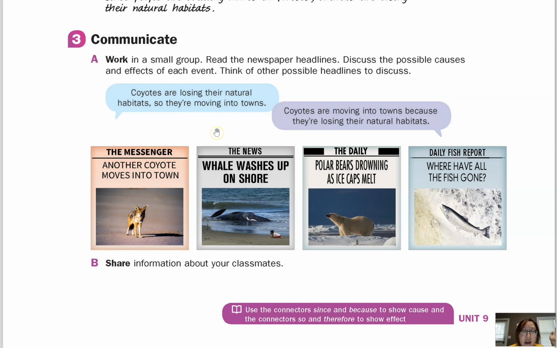Or you might have heard of something called sonar, S-O-N-A-R. Sonar is like sound waves produced by military equipment, and it can confuse whales and other marine life.